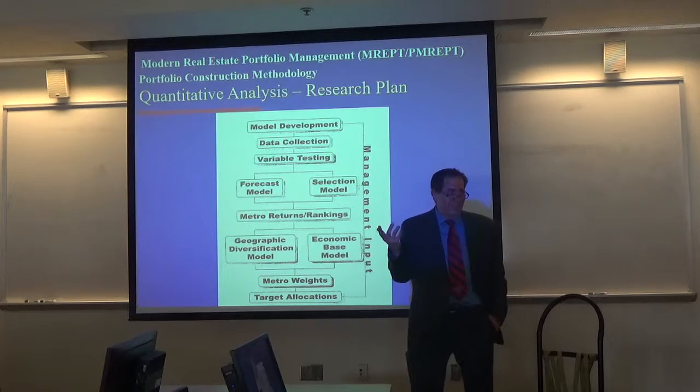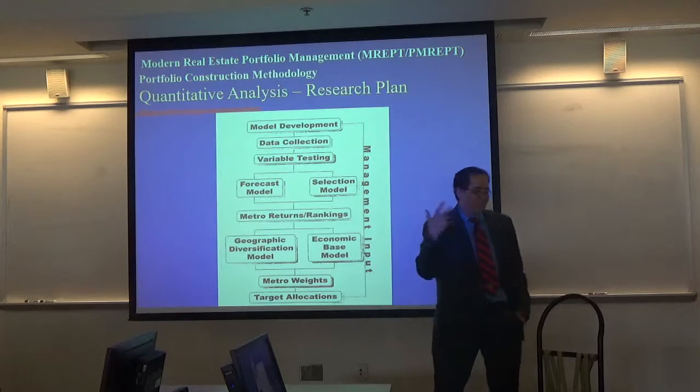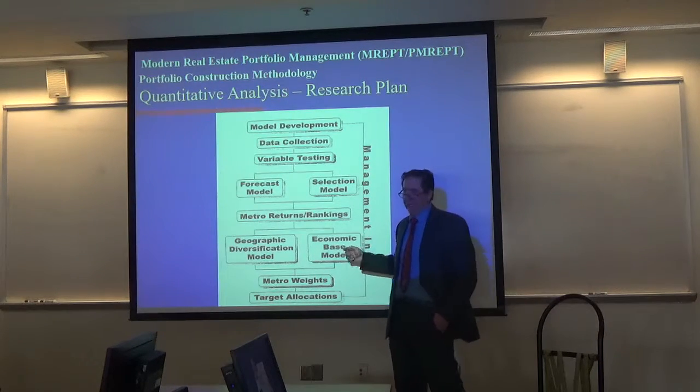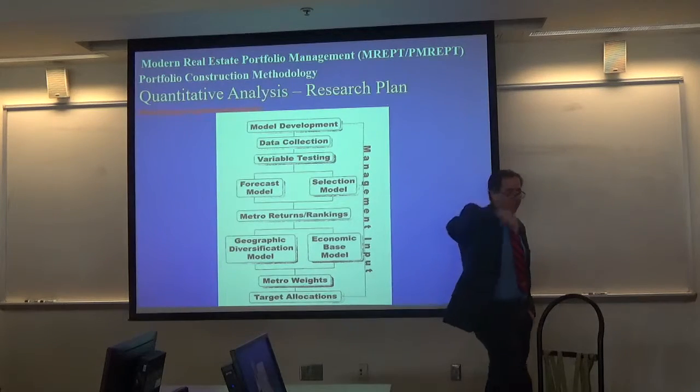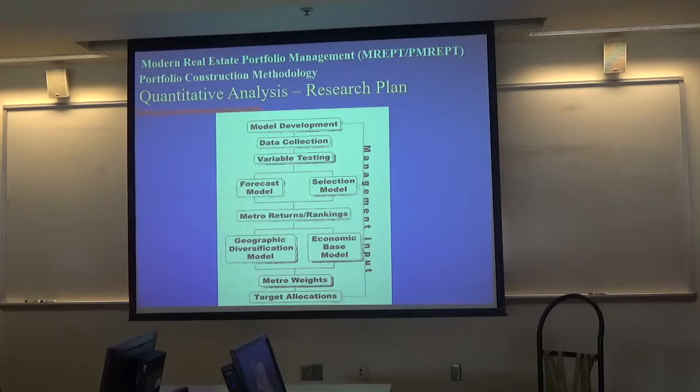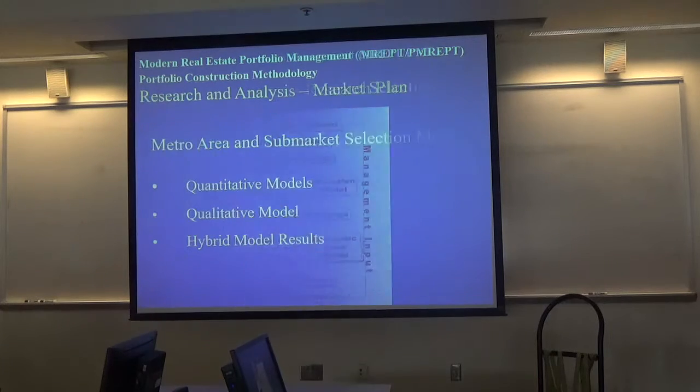So I'm not getting any economic-based diversification, I'm getting geographic. But I wanted to have both geographic and economic-based diversification in the portfolio, okay, which was new for the management team to hear. Then I come up with the metro weights, and then the target allocations, which you're all familiar with.